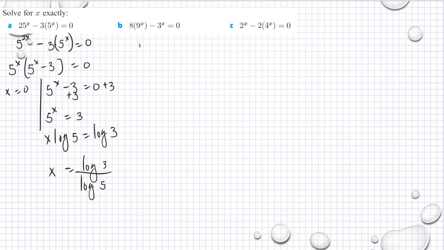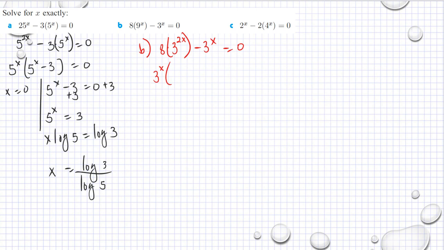B, we have B here. 8 multiplied by 3 raised to 2x subtracted by 3 raised to x is equal to 0. And we have 3 raised to x as a common factor.